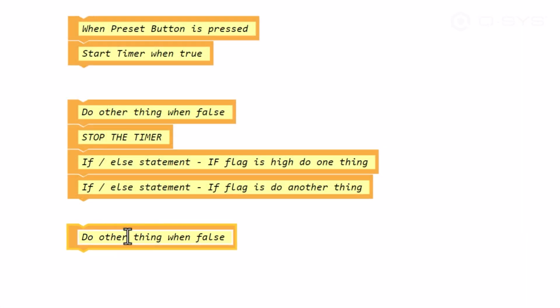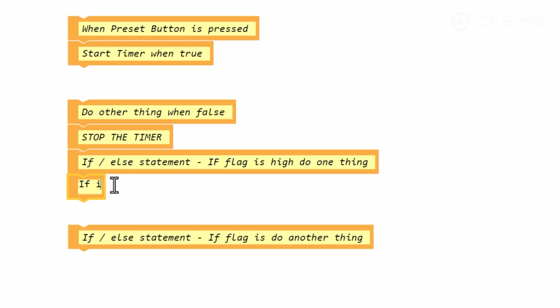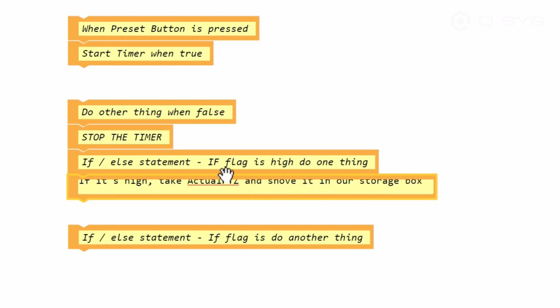And what does that mean? What does it mean to save something? Save means that we are going to take the camera's string and shove it in the box. Correct. Take what we called the actual PTZ and shove it in our storage box. Get in the box.